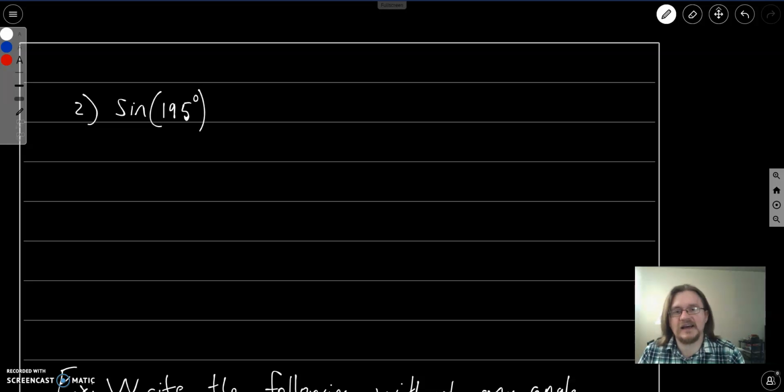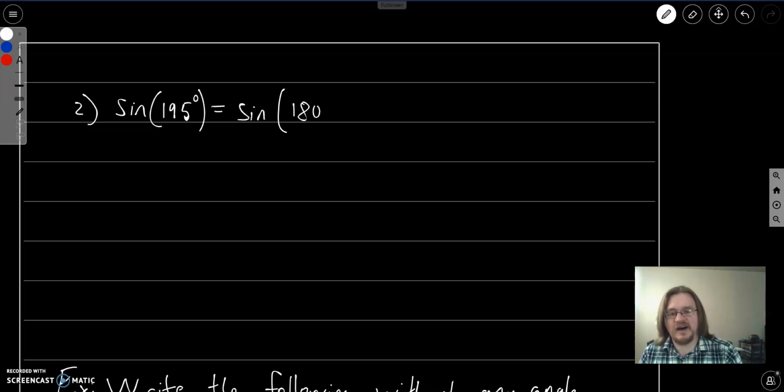195, if I want to add or subtract angles from one another to get 195, there's a few ways to go about doing this. And for me, I like angles between 0 and 90. I think angles between 0 and 90 are a little bit easier to deal with. So here's the first thing I'm going to do. I know what the sine of multiples of 90 are.